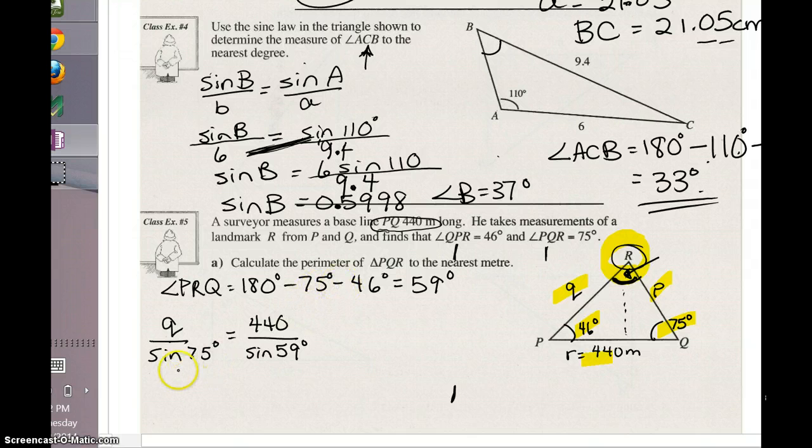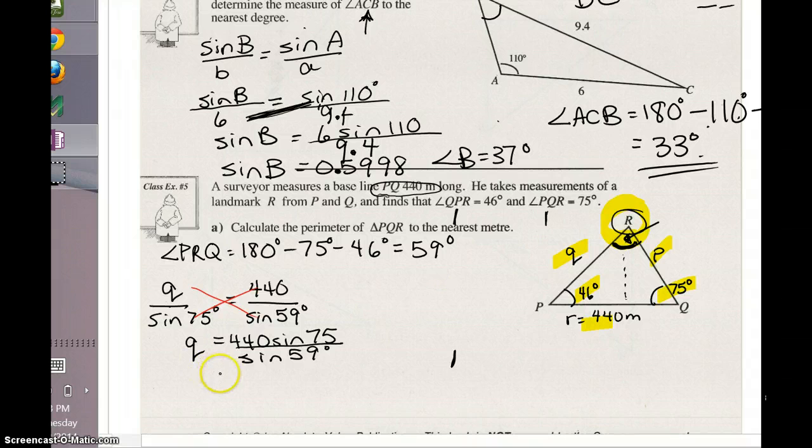Once I have that, I can solve for Q. Again, I'm going to cross multiply, and when I do that, I'll have 440 sine 75 degrees, and I'm going to divide that by sine 59 degrees. Get a number. Once I have that number, that will be my side. Go ahead and figure that out. Use your calculator. Make sure you know how to do that. I've now figured out what Q is.